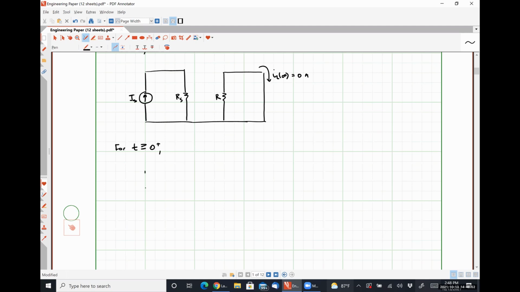We have our current source, IS of t. We have our resistance, RS. We have our resistance, R. And sorry, that looks like a resistor, not an inductance. We have our inductance, L, like so.